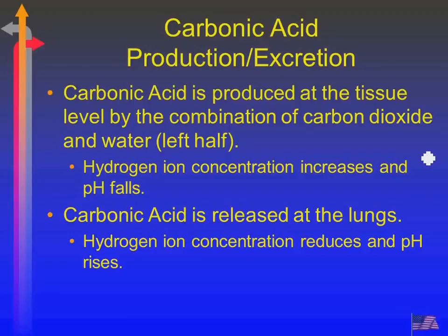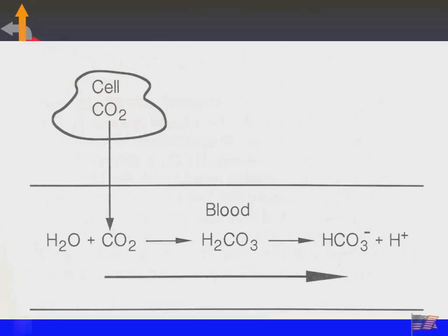And the way we take care of it is we transport that carbonic acid back to the lungs and shift it back the other way so that we have CO2 being excreted through alveolar ventilation. And there's that little shift in the CO2. As the CO2 levels change, the pH levels change. And if you remember back to the oxyhemoglobin curve, this is that Bohr effect. CO2's effect on the oxyhemoglobin curve.